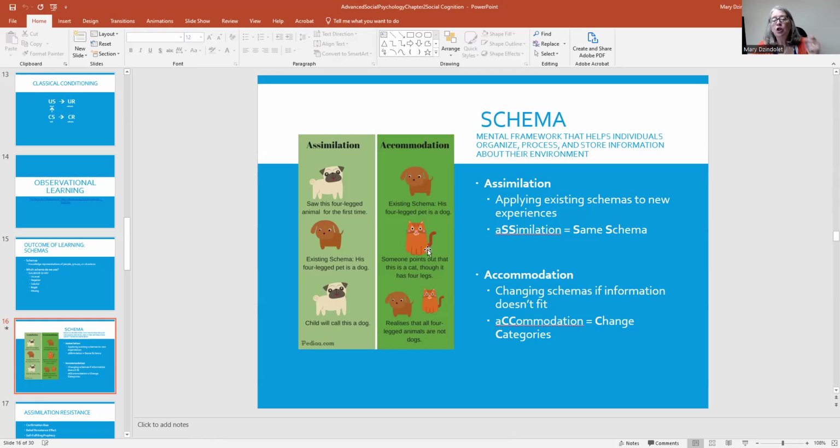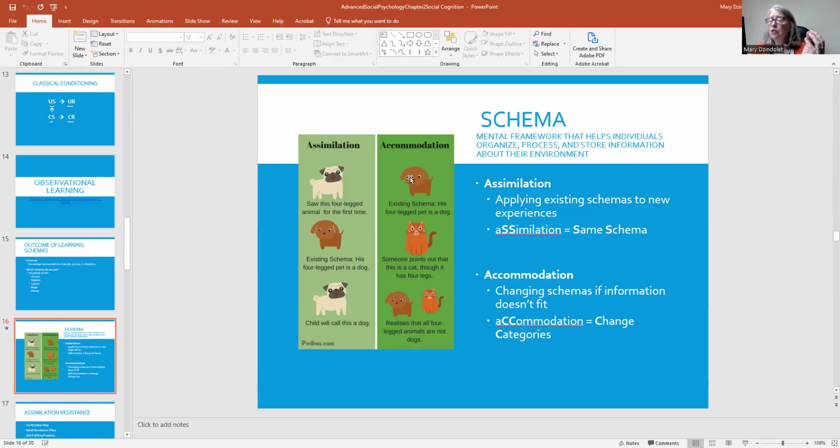You're now learning new information that doesn't fit the schema that you have. So what you're going to have to do here is create a new schema. When we create a new schema, we're going to actually be what we call accommodating what's going on. We're going to change the categories, create a new schema.